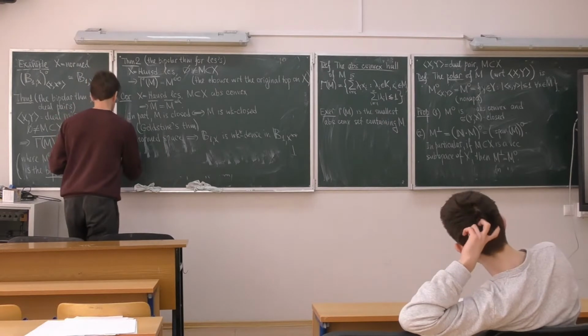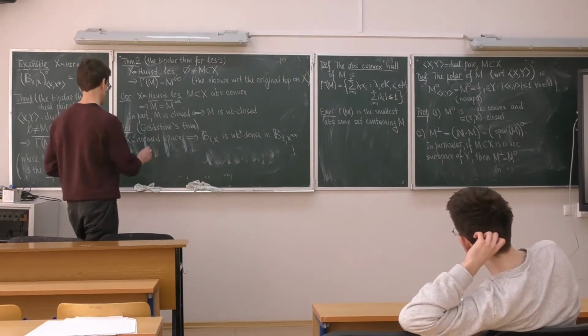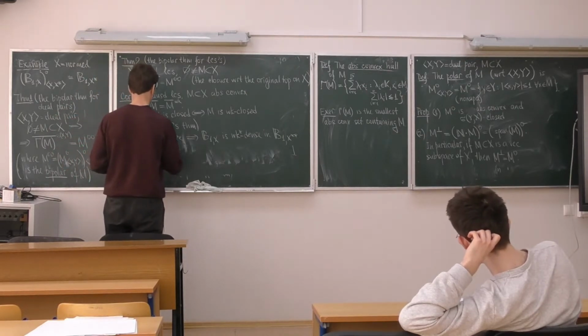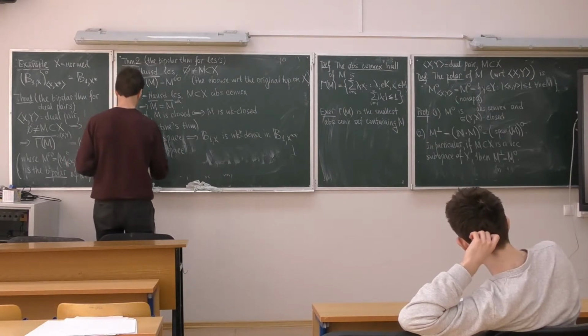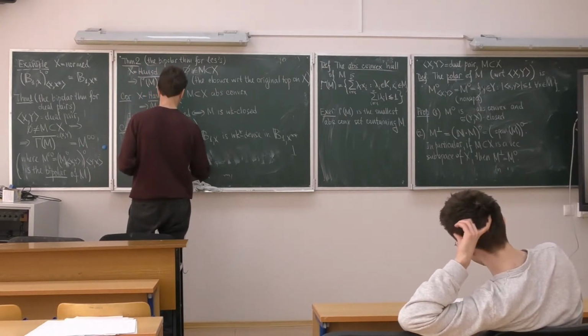And finally, if we combine this with the Banach-Alaoglu theorem, we get another corollary. If X is a Banach space, then X is reflexive if and only if its unit ball is weakly compact.